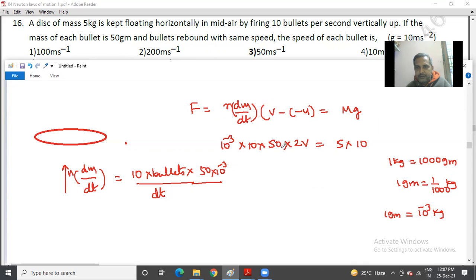These two zeros will be cancelled and you will be remained with 1. Now V is equal to 50 by 10 into 10 to the power of minus 1. If you take this up, it will be 500, zero, zero cancelled. So the speed of the bullets is 50 meters per second. So the third option is correct.